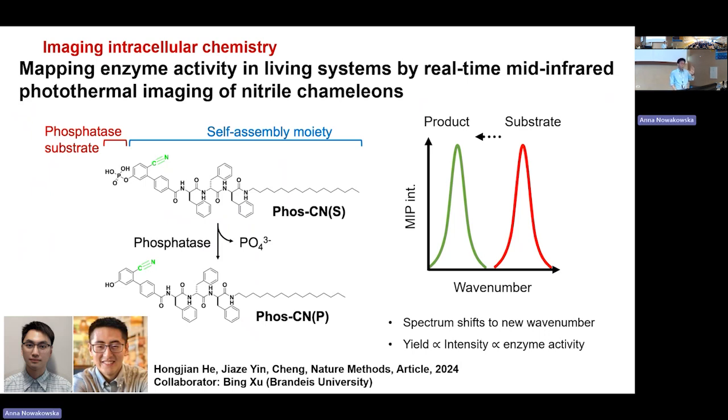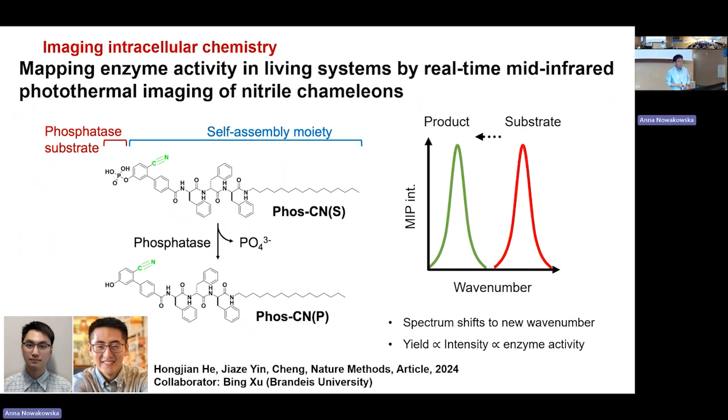The peak will shift 20 wavenumbers, and that is about 1 nanometer in fluorescence. 1 nanometer is negligible for fluorescence microscopy, but for vibrational imaging, 20 wavenumbers is sufficient for us to differentiate the product versus substrate through hyperspectral imaging. And the product tells us the enzyme activity.